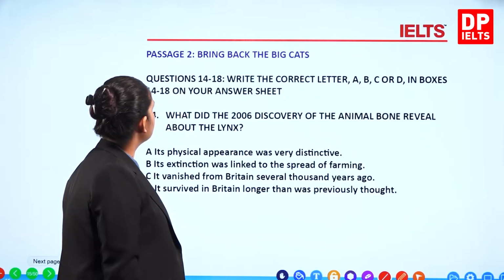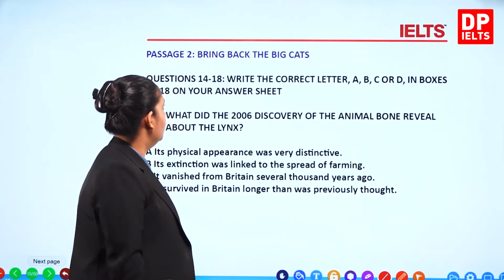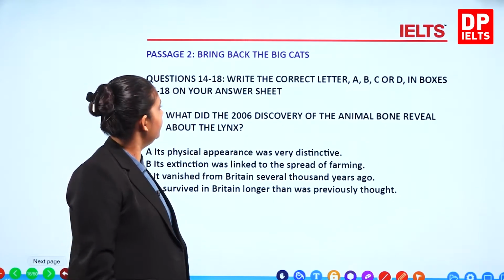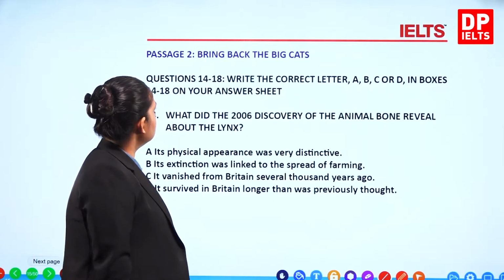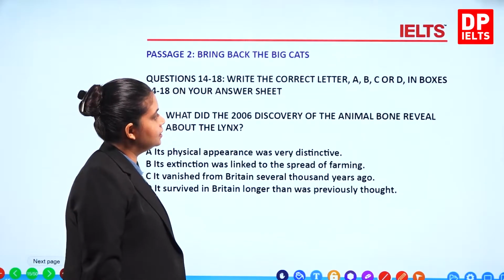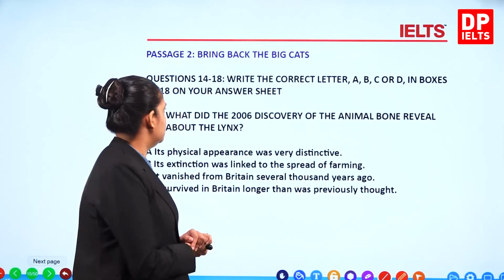Question number 14 to 18, and that is from passage 2. Bring back the big cats. Okay. So questions number 14 to 18. Write the correct letter. You must say A, B, C or D in your answer sheet.